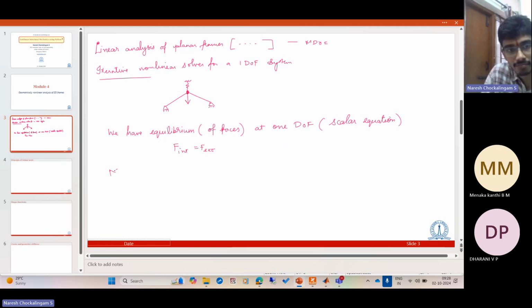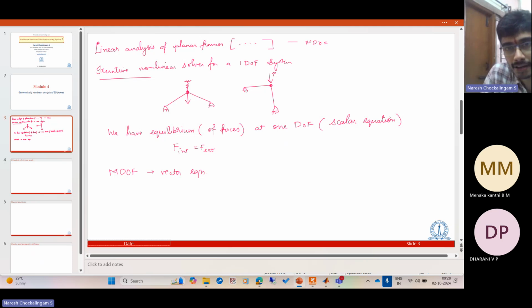But in a multiple degree of freedom system, what we have is a vector equation. Say, for example, if we have something like this, an assembly of two bars, and you're subjecting it to a force P, then this is a multiple degrees of freedom system, and this has got 2 degrees of freedom, right?